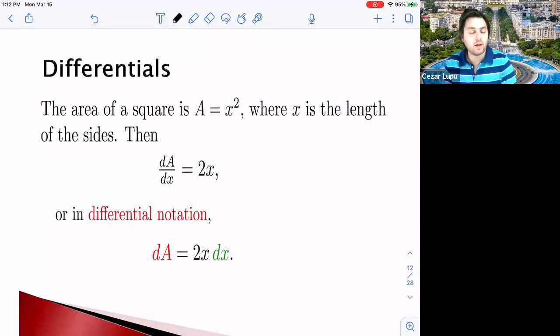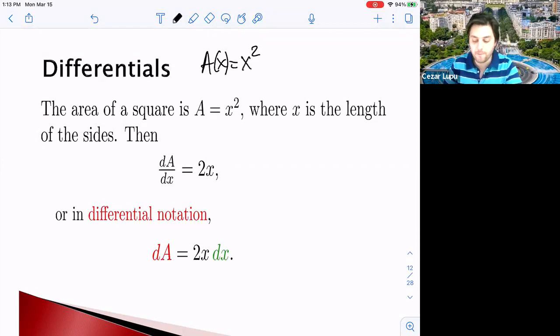As x varies, because we can have a square like this, then we can make it smaller and so on, the length of the sides will vary. So we can see a of x as a function of x.